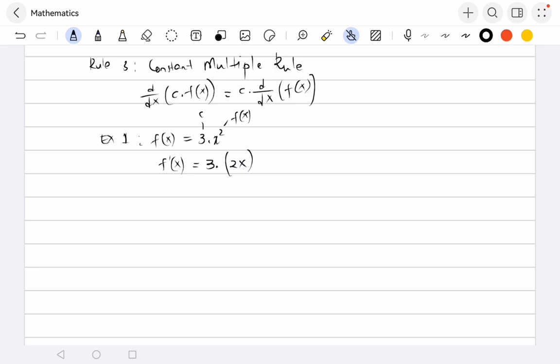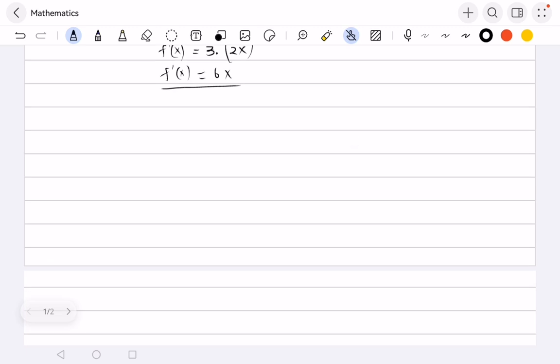We're using the power rule. Then obviously the final answer is going to be 6x. So this is the constant multiple rule of derivation.